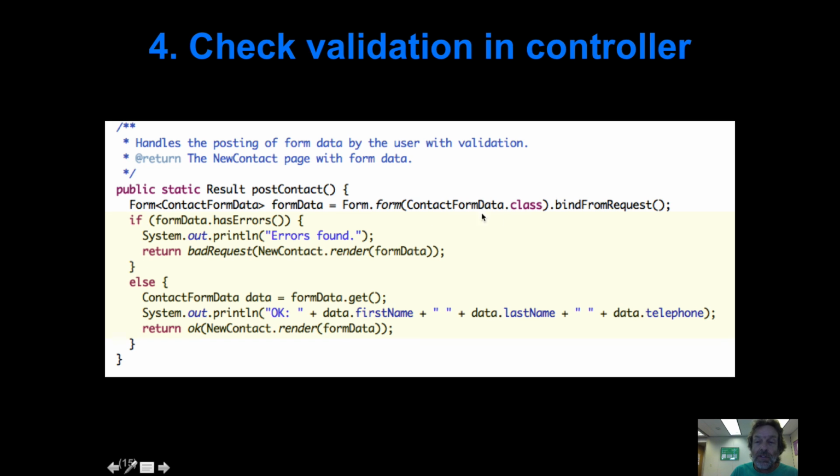You call bind from request, that's going to run your validation, and so then you check for any errors, and you basically do the return within this block. Okay, and then if there are no errors, then you can come down here and actually call formData.get and then move along with validation. Okay, so those are the 4 steps for doing validation.